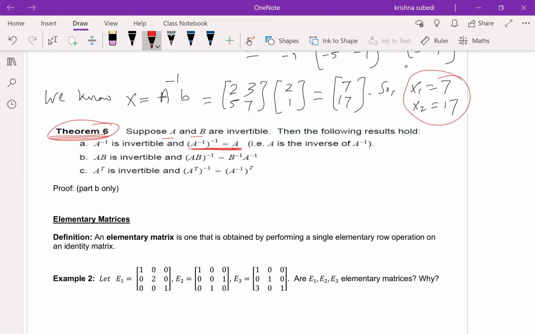Inverse of A inverse will be A. Part B: if A and B are invertible, then AB inverse equals B inverse A inverse. You see the order actually changes here.